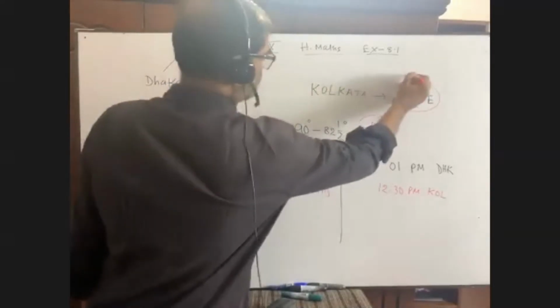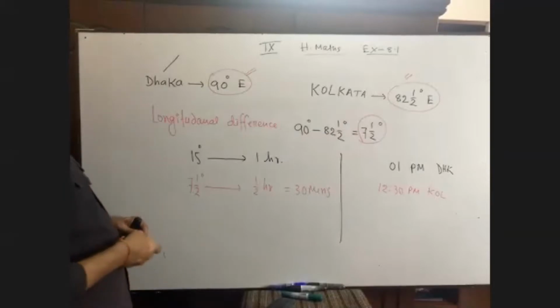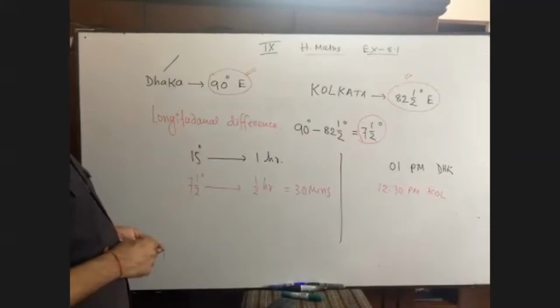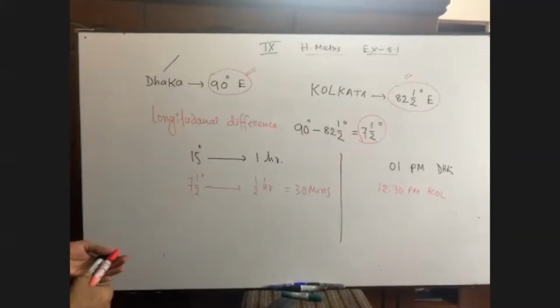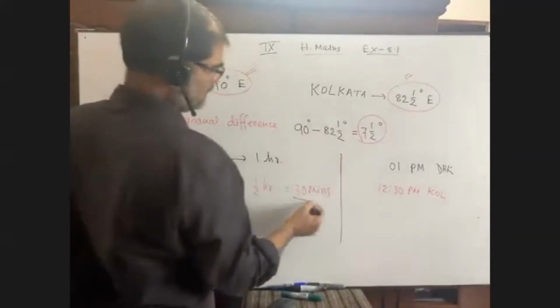So the time difference between Dhaka and Kolkata, you see, is half an hour.